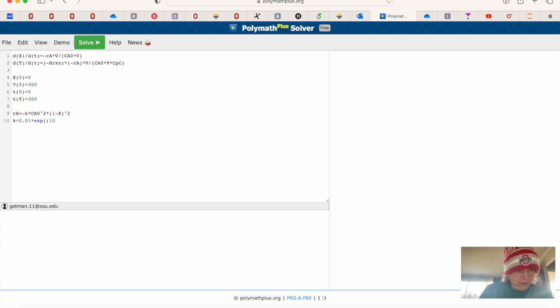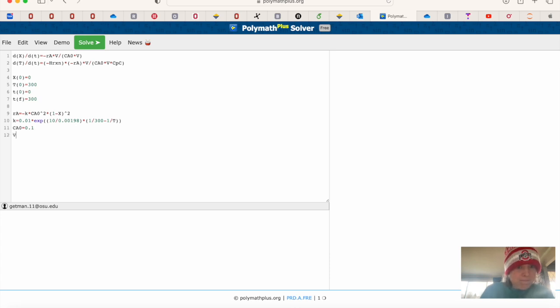The Arrhenius equation is going to be the activation energy divided by R, which I'm just going to enter those values in to save some equations here, but normally I would type that all out explicitly. All right, so that's my K. Ca naught I know from the problem statement is 0.1 molar. What else do I need?